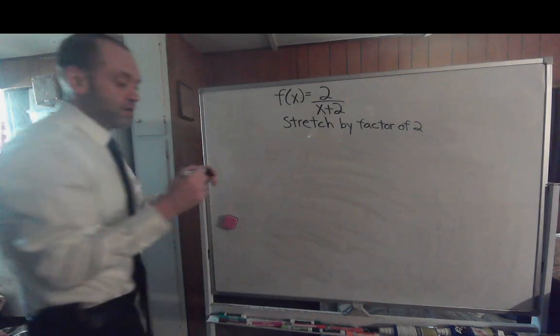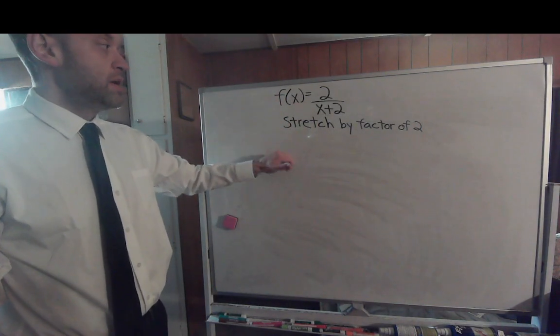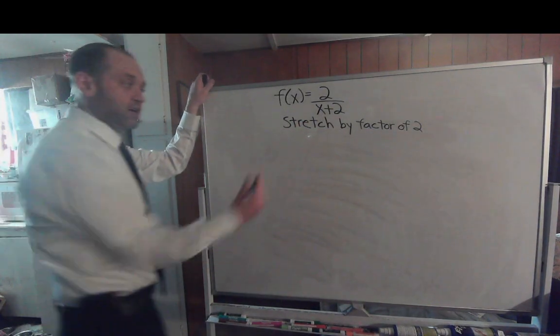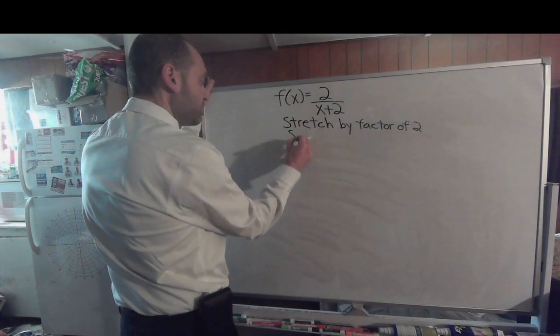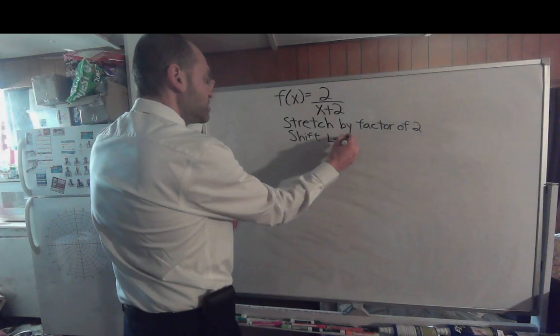What else do we notice from the original rational function? You have x plus 2, so that means you have a horizontal shift left 2 units. So you're shifting left 2 units.